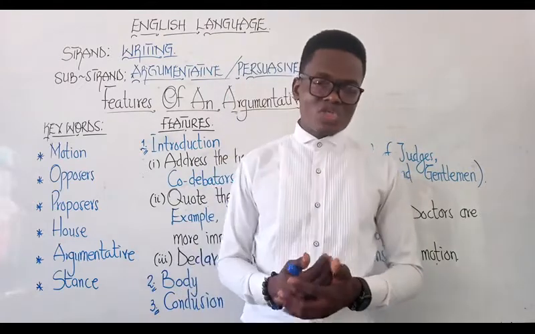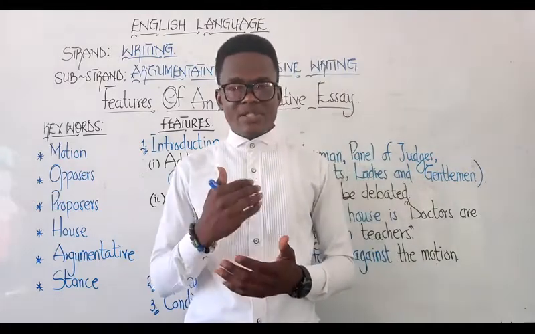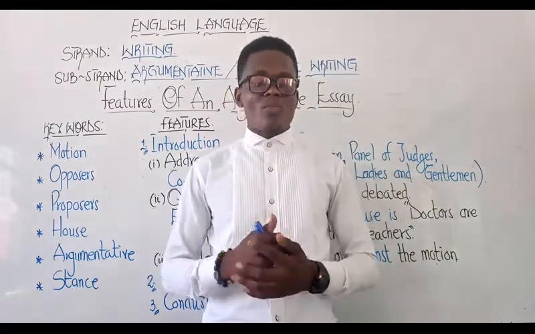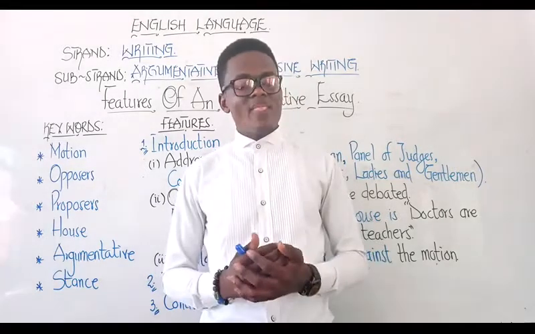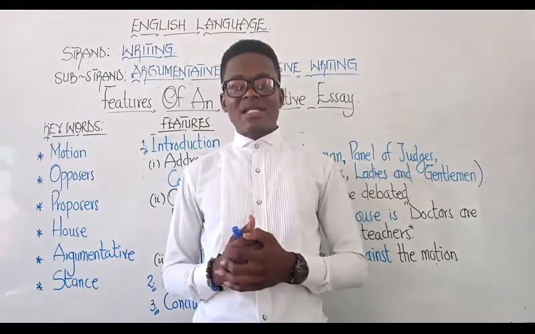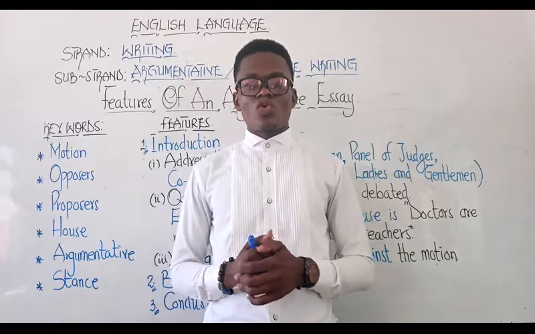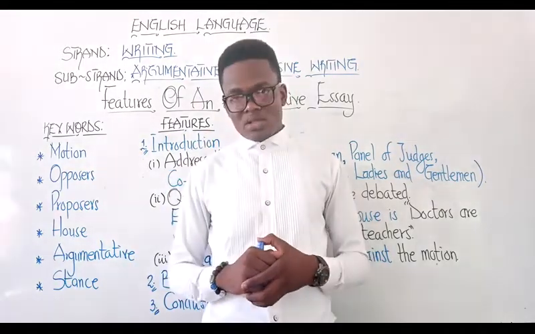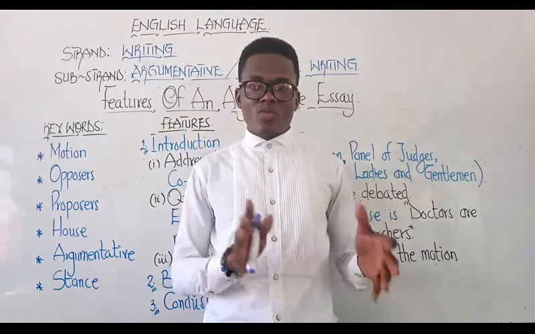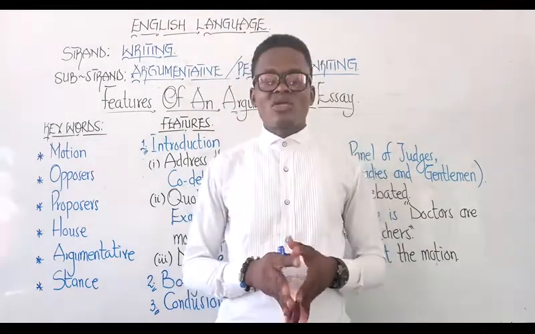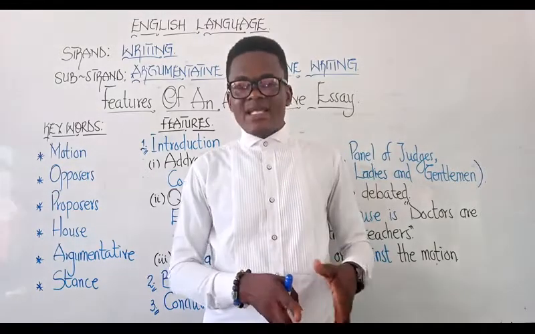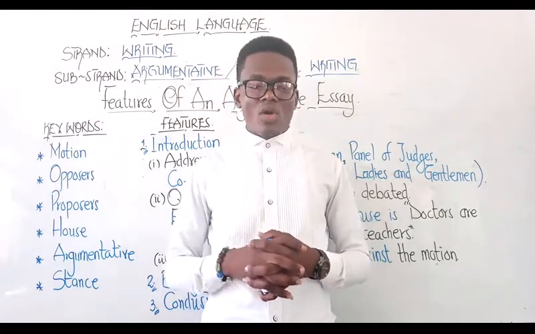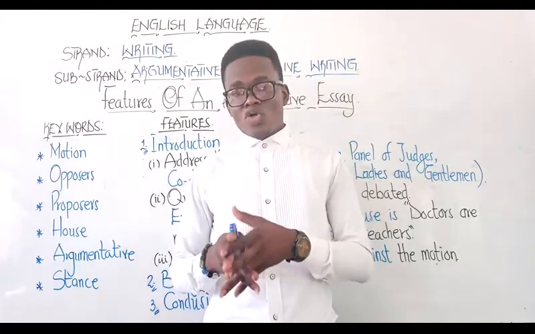And we said the motion is a topic or subject to be debated on, and then the house comprises the whole assembly. And then the proposers are those speaking in support of the motion, and the opposers or the opponents are those speaking or kicking against the proposed motion topic.